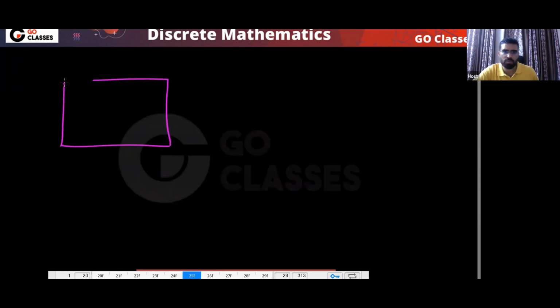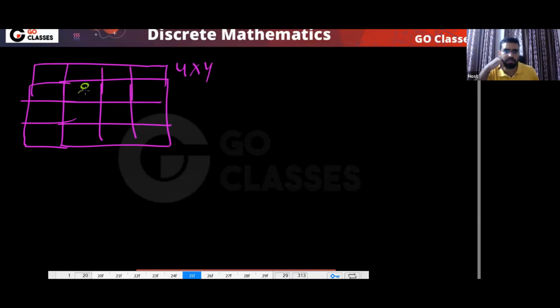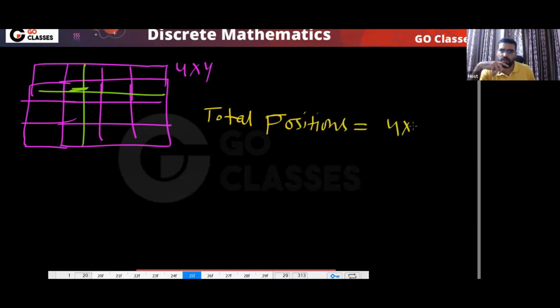For example, let's assume you have a 4 by 4 chessboard. If I put something here, now I cannot put anything here or here. Total positions are 4 into 4, that is 16. If I put the black rook here, now I cannot put here and here. These are gone.